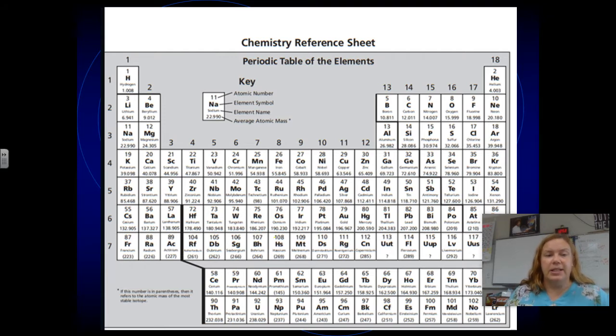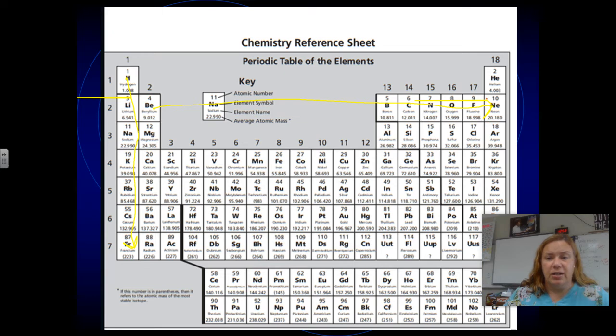Okay, looking at our periodic table, I want to show you a couple of things in relationship to the atomic radius and ionization energy. The atomic radius increases as we go down families, and it decreases as we move across the periodic table. Let's change color real quick and show the ionization energy.